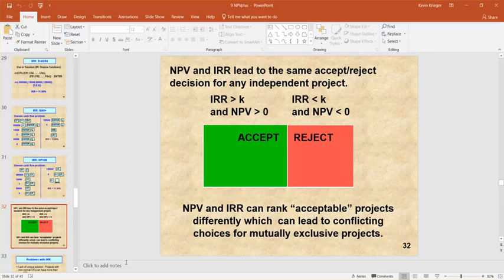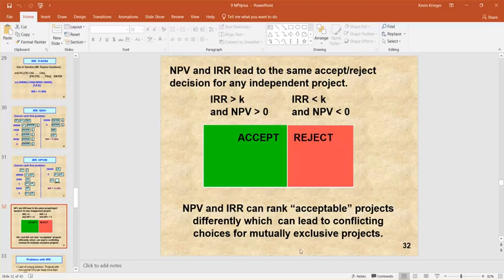With NPV, I'll get that accept decision because the NPV is positive. With IRR, I'm going to get it because my IRR is greater than my K or my costs. But those things themselves are linked. The NPV is positive when the IRR is larger than the cost. So you're getting the same information when you're talking about independent projects.